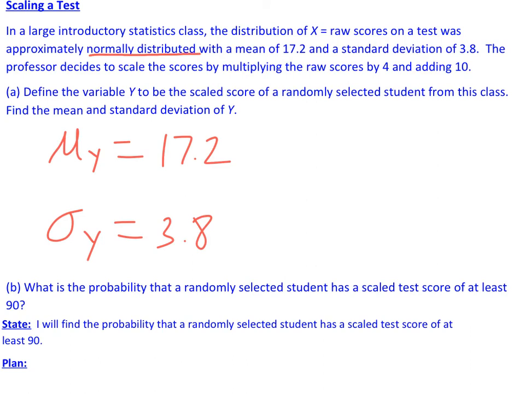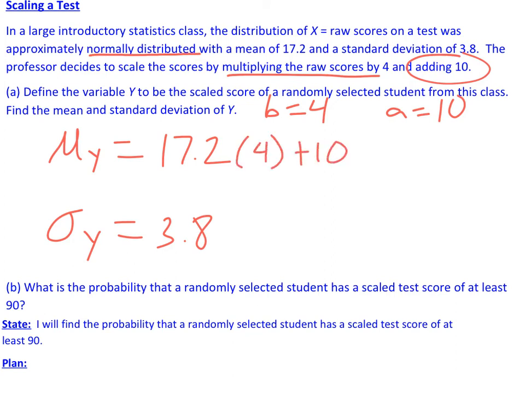That would be like b is 4. And then he added 10. So for mean, thinking back to what we just saw, I have to do both, because means will be affected by both. Multiply by 4 and add 10. The mean that I want to use is 78.8.